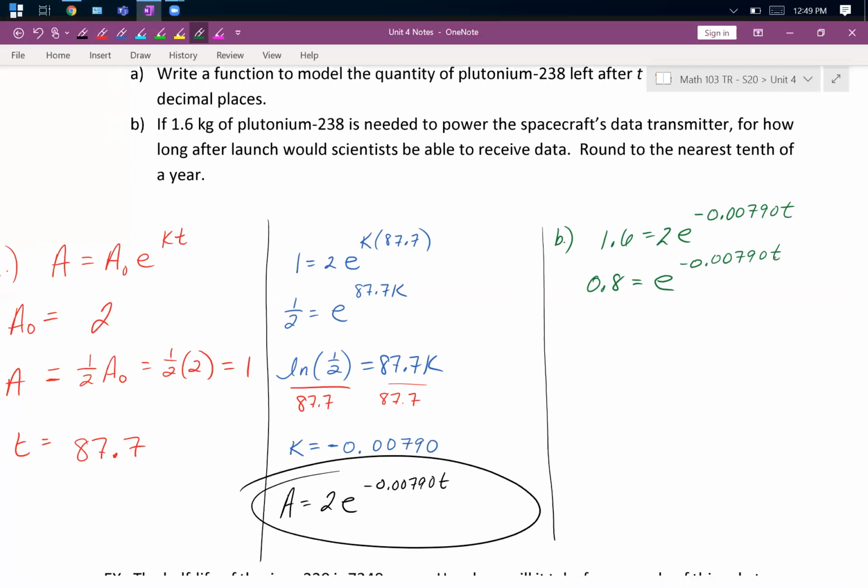We'll be using log base e, which is our natural log. Natural log of 0.8 equals negative 0.00790t. And then the last thing to do to solve for t is we will divide.